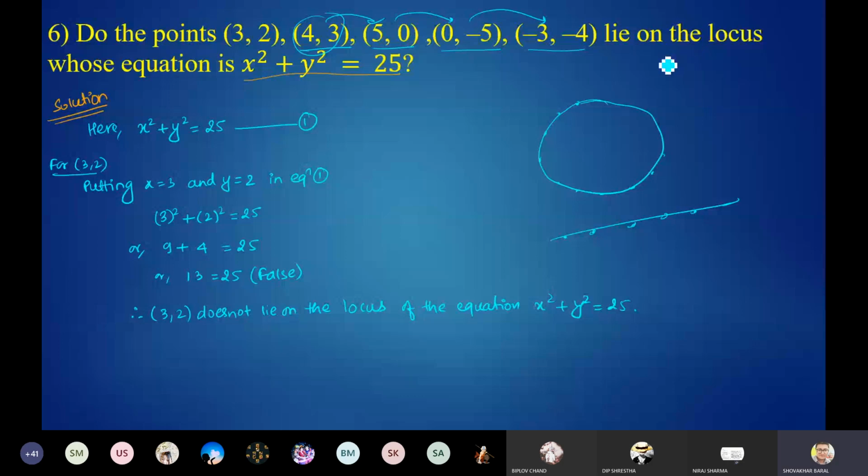Okay, please check all the points. Can anyone tell me, does the point 4, 3 satisfy the equation? Have you checked the point?